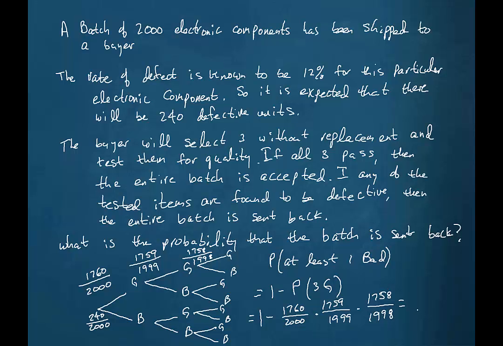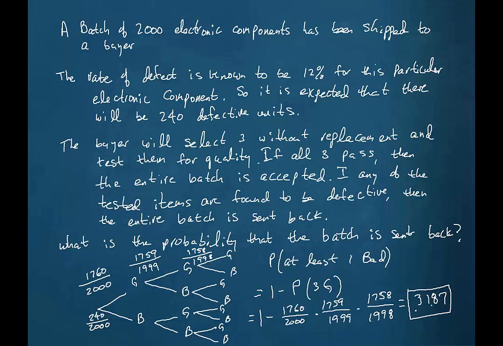And if we round this to 4 decimal places, we will have 0.3187. So that is the probability then that we would send the batch back.